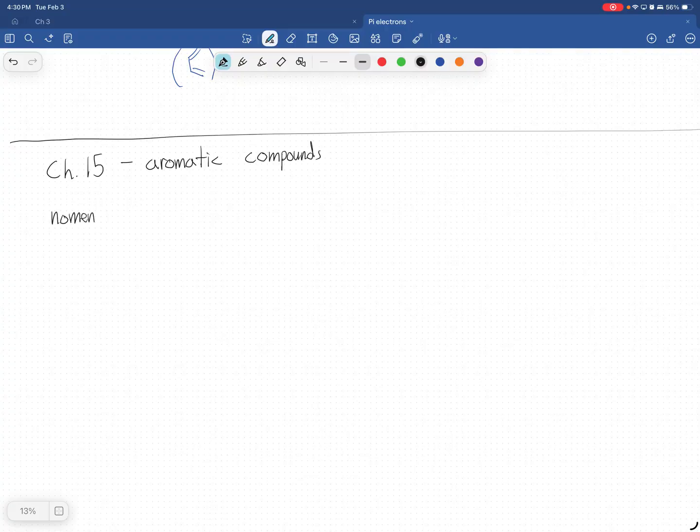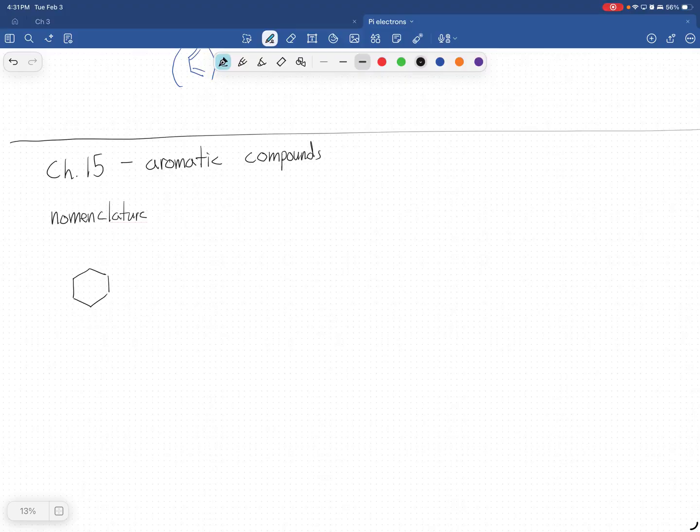First, there is a bunch of nomenclature we have to be familiar with. With benzene, it's pretty simple. The nomenclature is a lot simplified based on what we know about the other nomenclature.